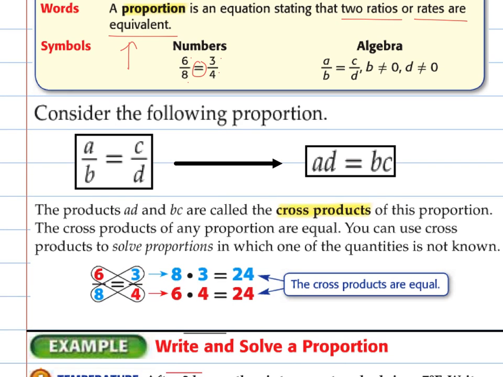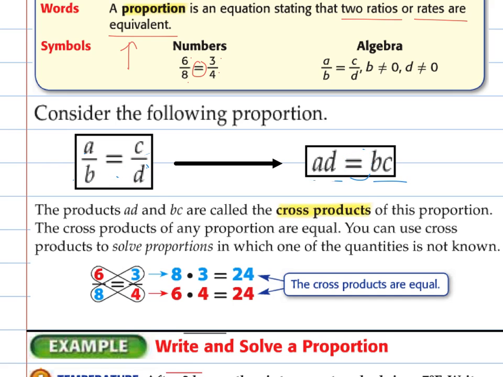Consider the following proportion. So what this means is that if A over B is equal to C over D, then A times D is also equal to C times B, or B times C. Erase that so you make sure you can see that.